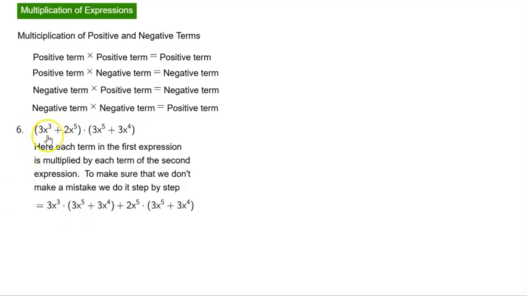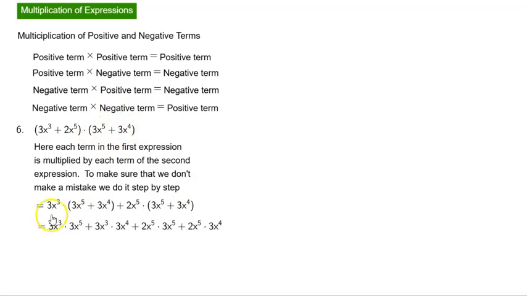3x cubed times 3x to the power of 5 plus 3x to the power of 4. That means we are distributing the first term over the second expression, plus 2x to the power of 5 times the second expression. Okay.